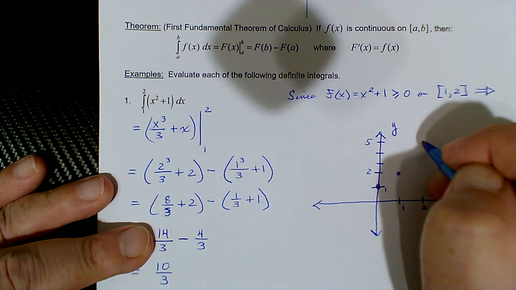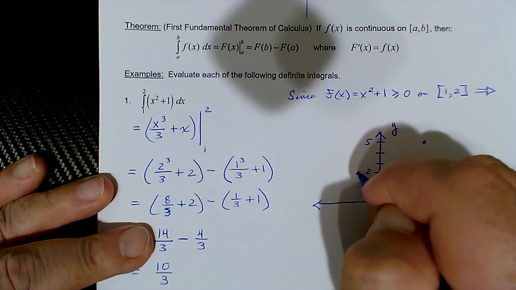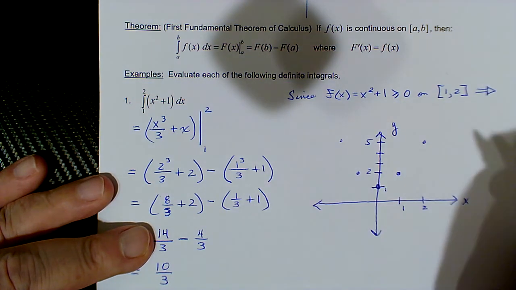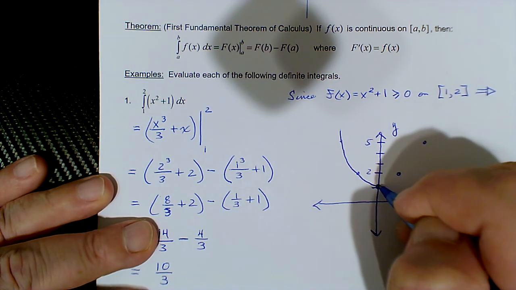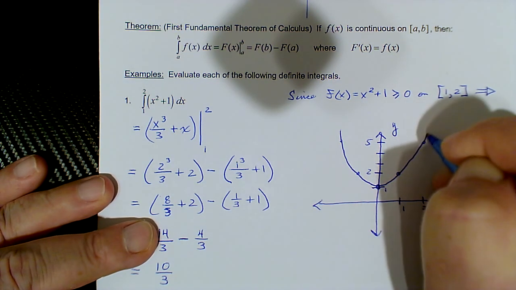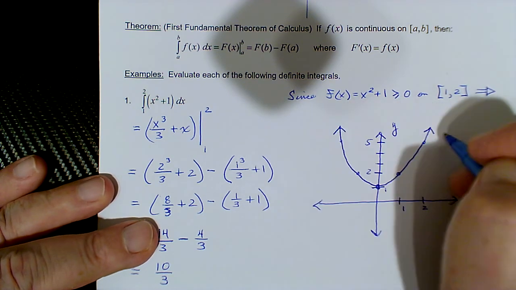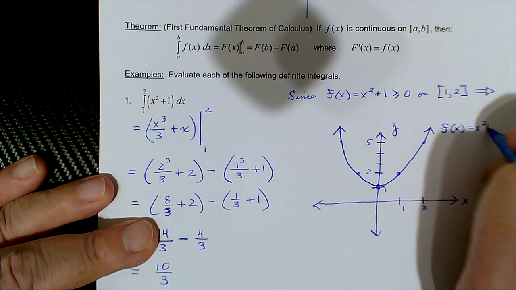Just a rough sketch. Then we have symmetry, of course. -1 is 2. -2 is 5. So it's just a parabola, concave upward, again, vertex at the point 0, 1. So that's f of x equaling x squared plus 1.